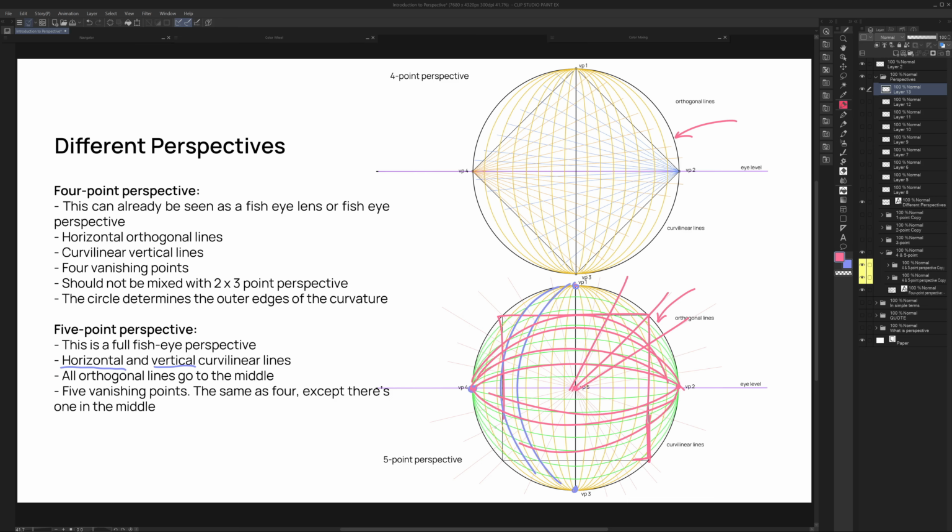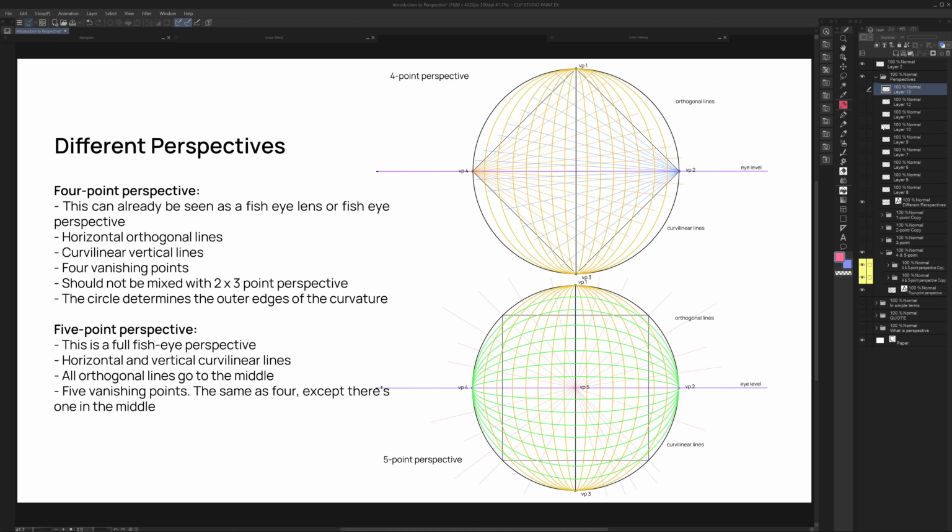Or that's how I like to think. Now you can see the whole drawing is already quite messy, but that's how 5-point perspective works. 4 vanishing points and a middle 5th vanishing point.